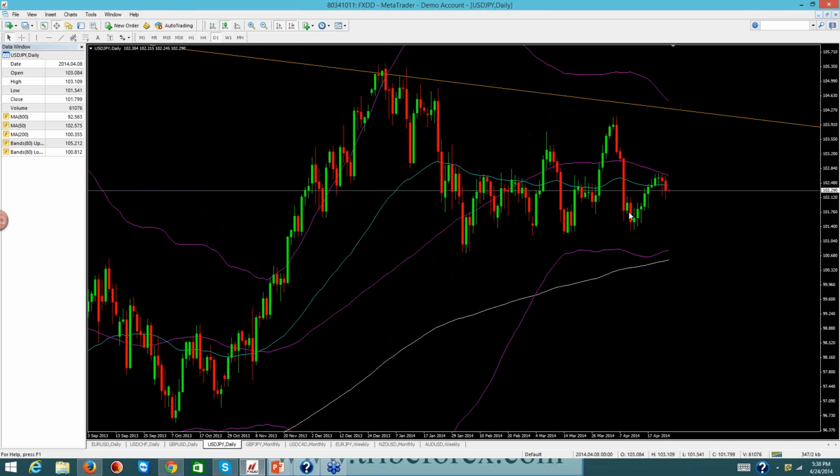Where are we at? We're in consolidation here on the dollar yen. Okay, so I'm going to draw the consolidation zones, the areas of support and resistance for this consolidation.